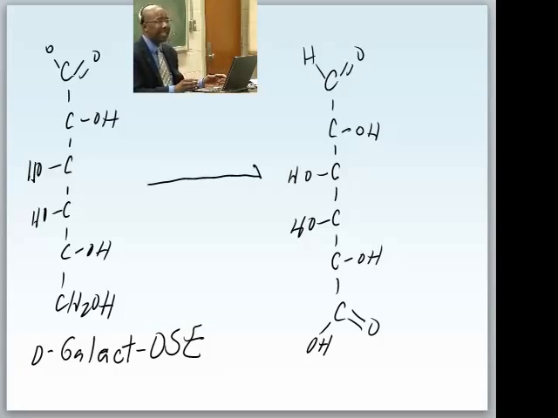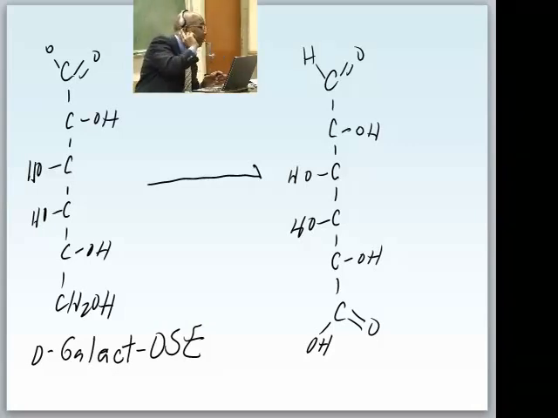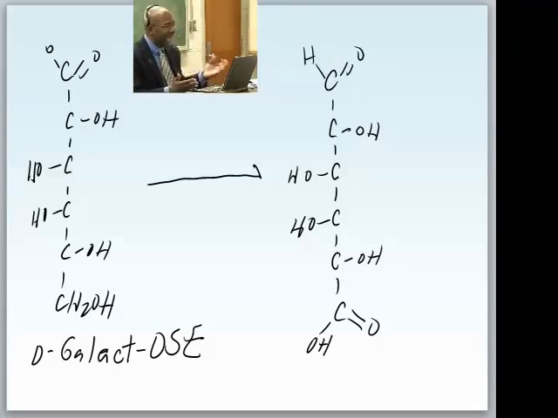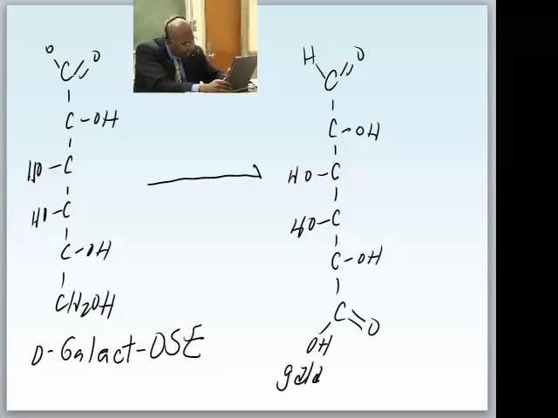We've completely oxidized carbon 6. What is the name of the new molecule? Galacturonic acid, exactly. Galacturonic acid.